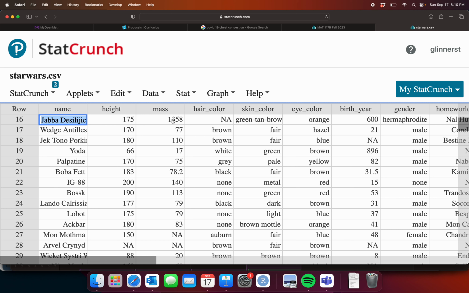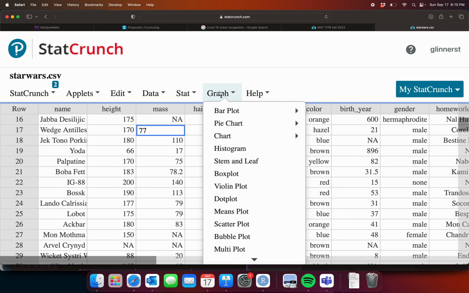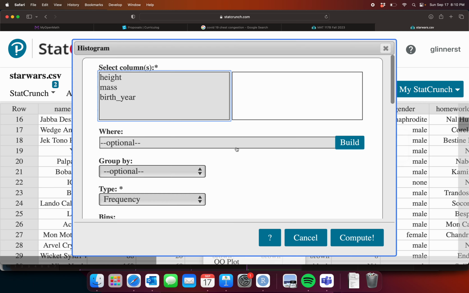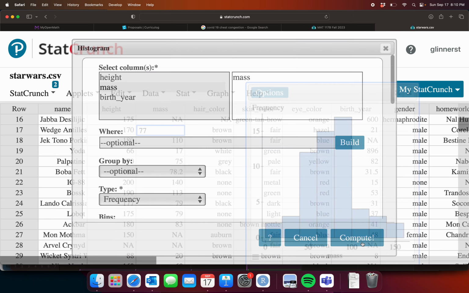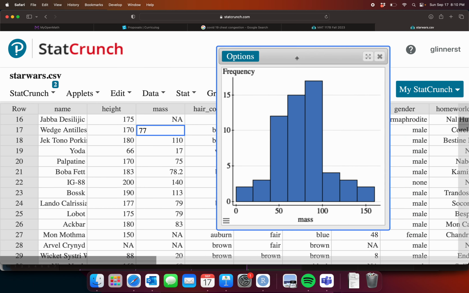So if I would change this data set, and for purposes of showing you this, I am, but I would tell you never to change a data set, never change the values in the data set, okay, just to make it NA and give you a similar picture. Okay. Now we see something very different with the histogram.